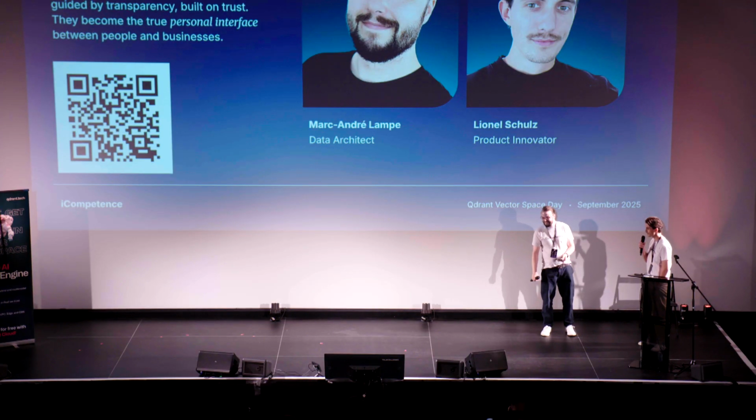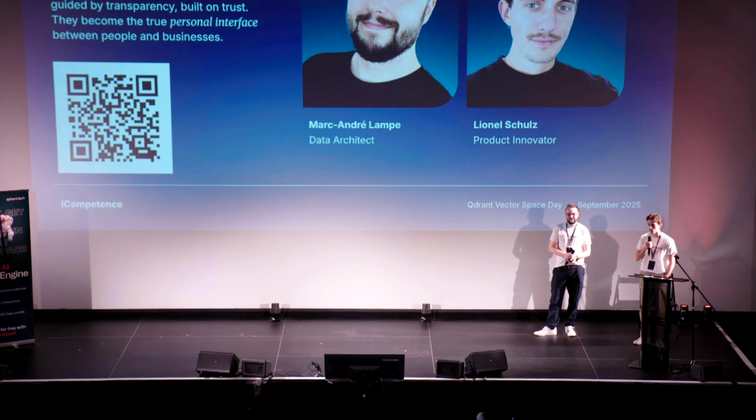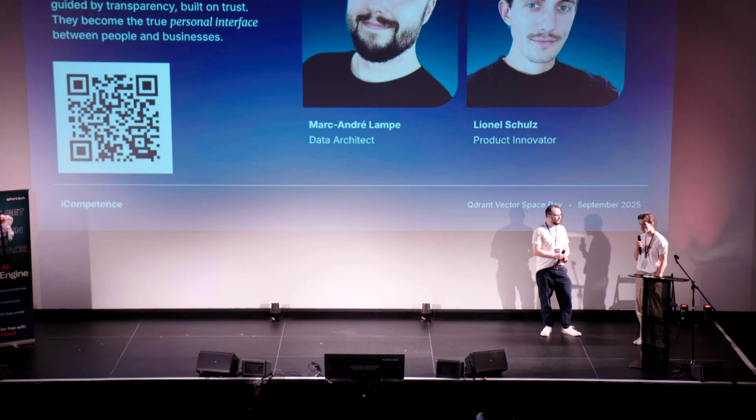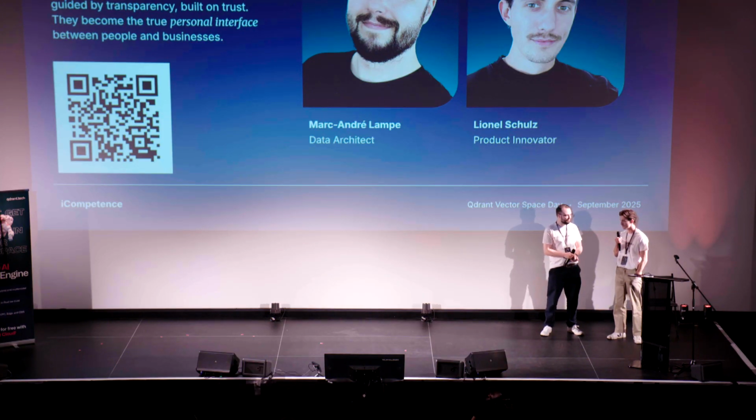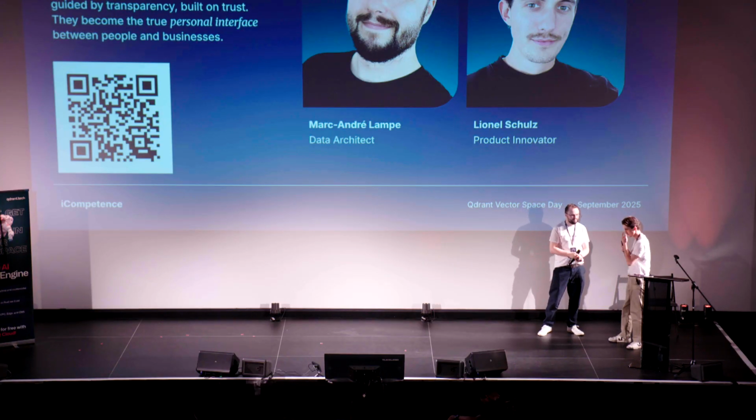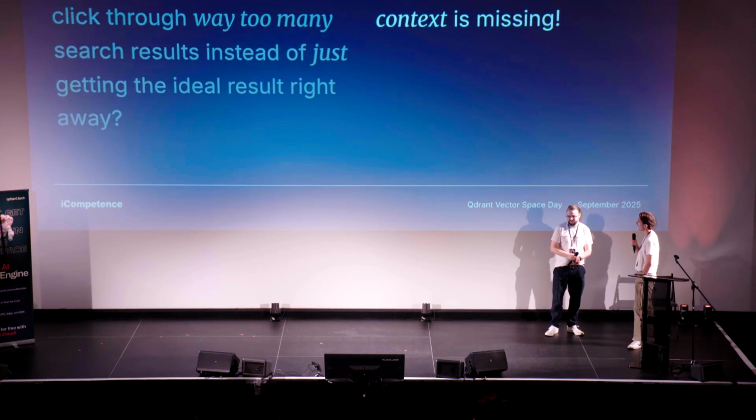I'm a product innovator at iCompetence, and together we build human-conscious agents that function as an interface between people and business. We build these agents based on our personal context, and the development is guided by the principles of trust and transparency. So let's get back to our previous question.